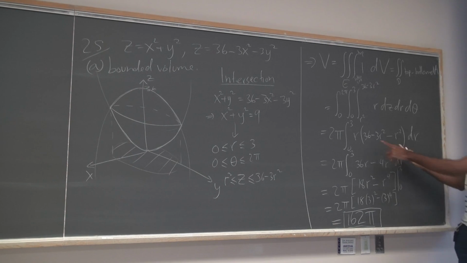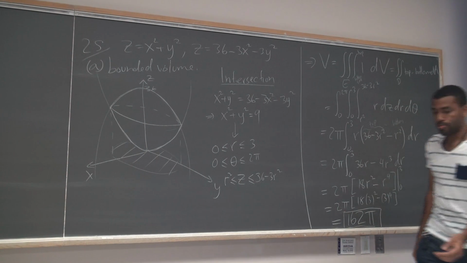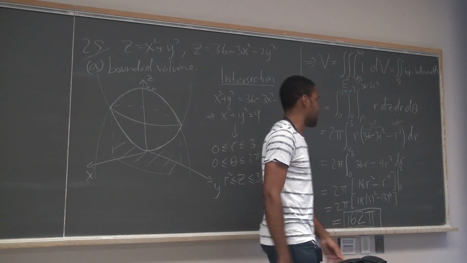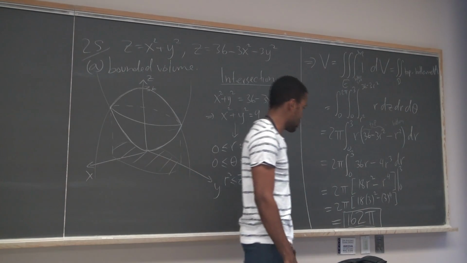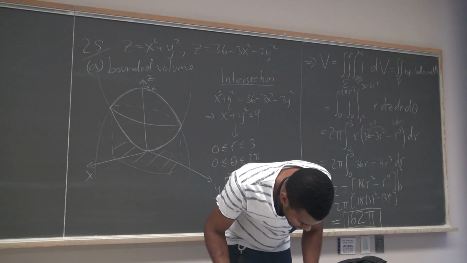This is the top minus the bottom, and the r. So you can think of it as the double integral of top minus bottom or the triple integral of 1. Either way, you'll get the answer. Unless it specifically asks for a triple integral, you can use a double integral. It'll be the same.